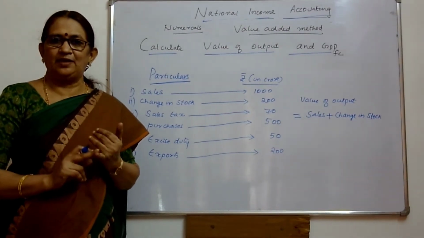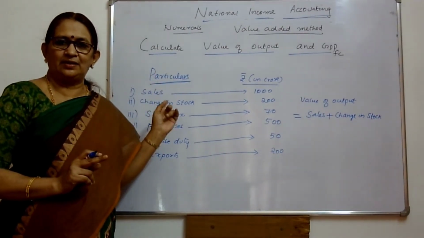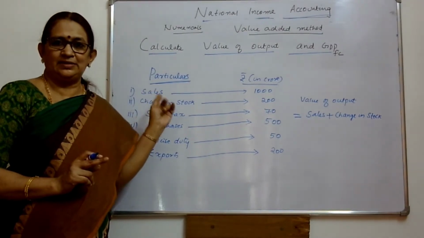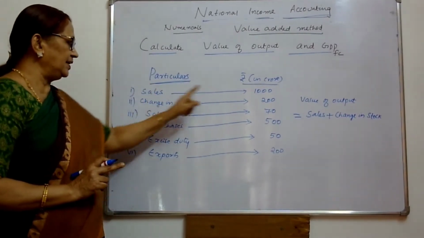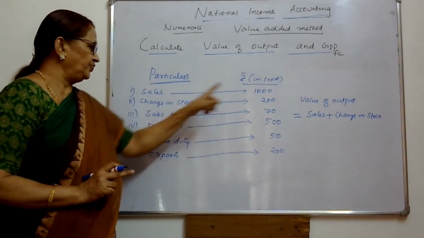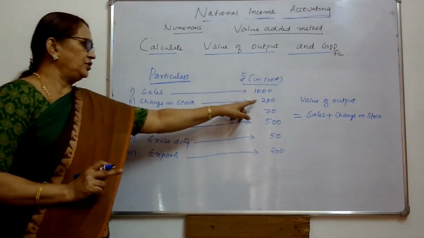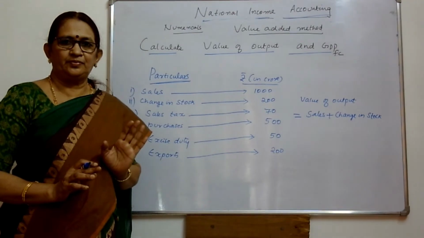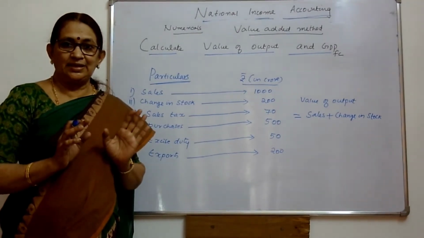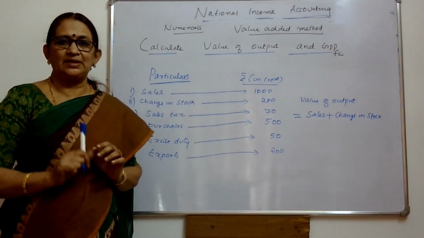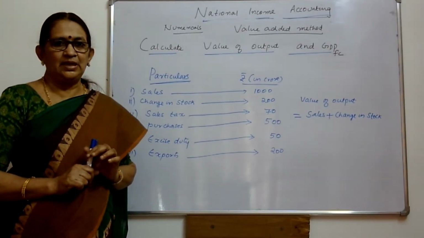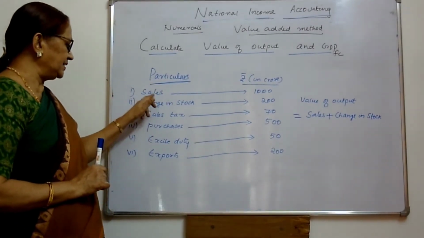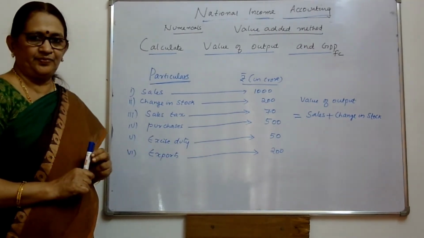First we have to check whether the values of these terms are given directly. Here sales given 1000 crore, change in stock given 200 crore. Sales is equal to domestic sale plus export. You can see that sales is given.